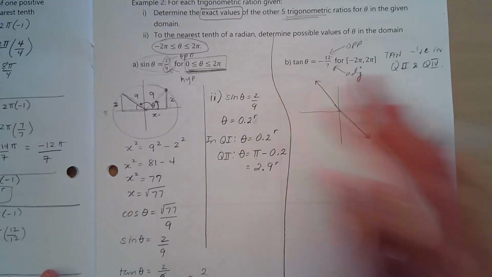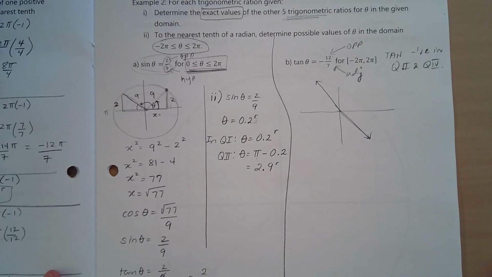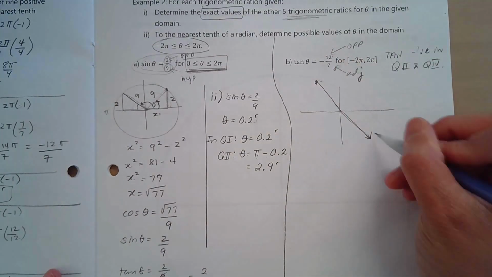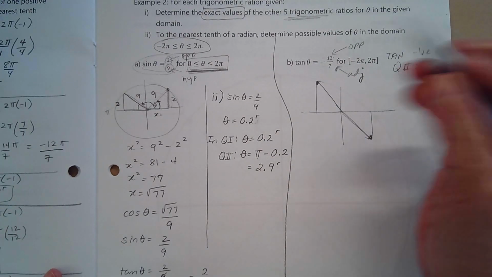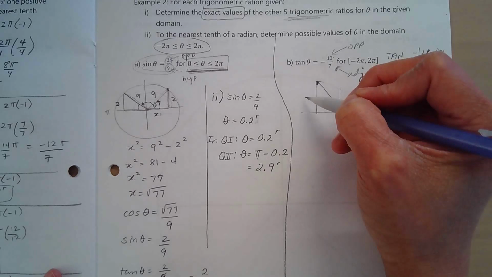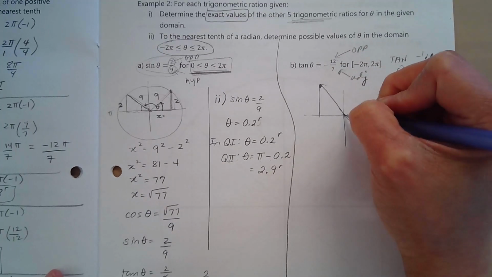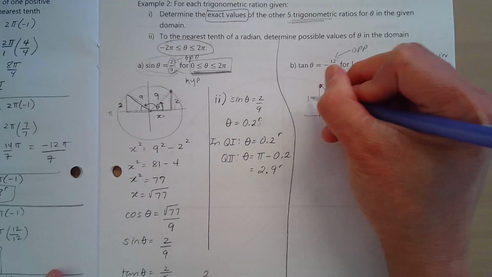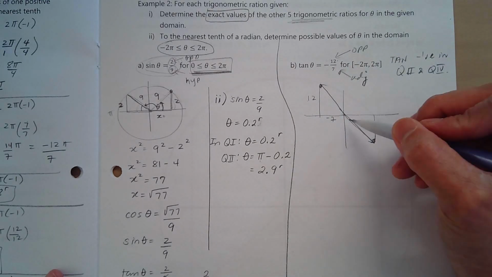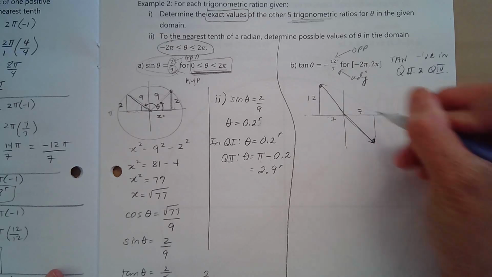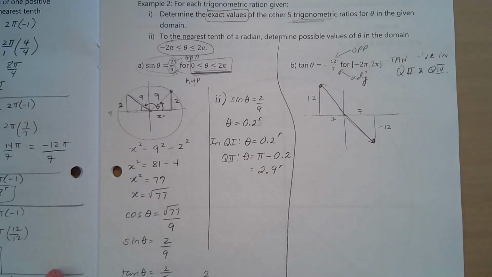That takes us back to this. Okay, so we have that point, we have that point. We got the opposite here is 12, and then this is negative 7, or this is positive 7, negative 12.